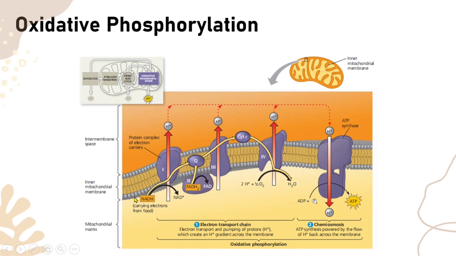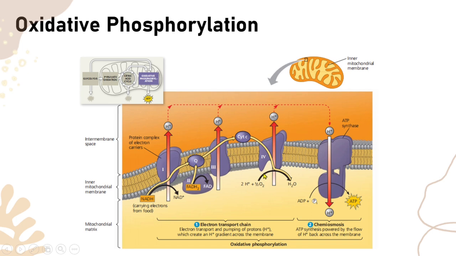So that is why NADH and FADH are able to produce ATP, because their electrons cause hydrogen to pass to the other side, and the high concentration of hydrogen will pass back through the ATP synthase, producing ATP. So this portion is called the electron transport chain, and this portion is called chemiosmosis.